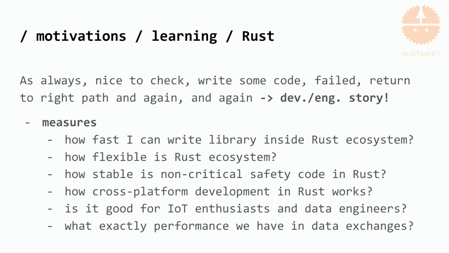I would like to see what kind of library ecosystem is behind Rust, and how to write stable but not critically sophisticated code in Rust. And as an IoT enthusiast, I would like to have some fun writing Rust code.